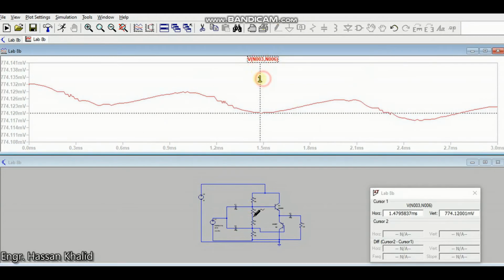It says it's now 0.774 volt. That is much higher than what this practical diode requires. Each of these diodes demands 0.68 volt, and now with the help of these incremental resistances, we are providing them with 0.77 volt, which is even higher to cause the conduction.